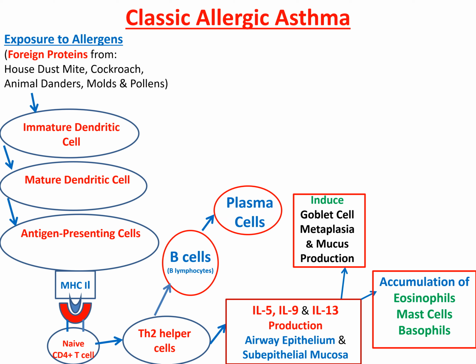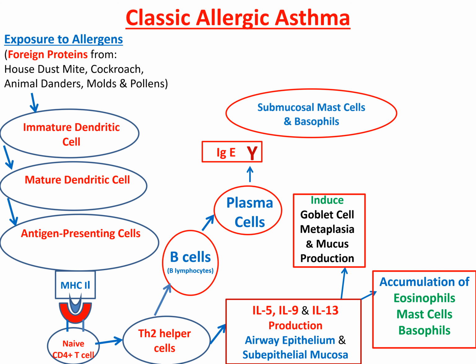Now, these cells will be converted to plasma cells, or stimulating the production of plasma cells, which will be producing the immunoglobulin E. And the immunoglobulin E is going to be attached to specific receptors, the ones we call Fc epsilon R1.